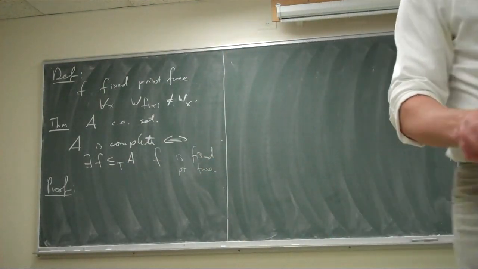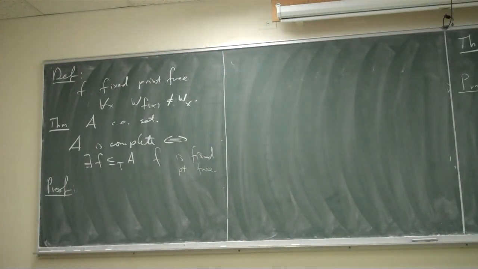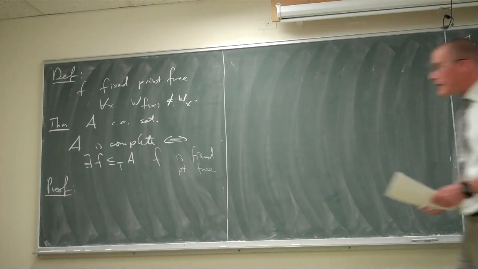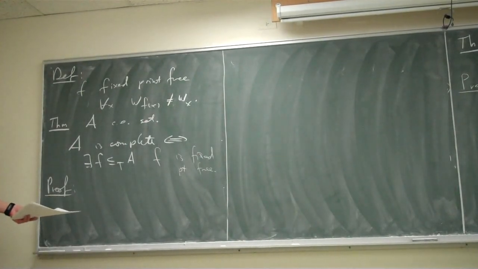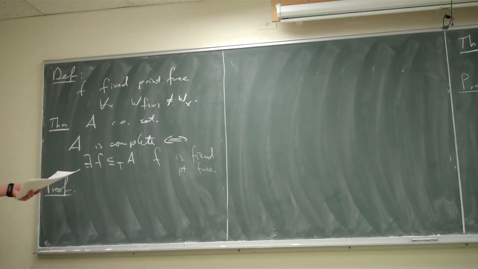Okay, so one direction is really easy. Any guesses for which one? Start out with A complete. If A is complete, it means A computes the halting problem. What use is the halting problem? Well, the halting problem allows you to decide if a CE set is empty or not.